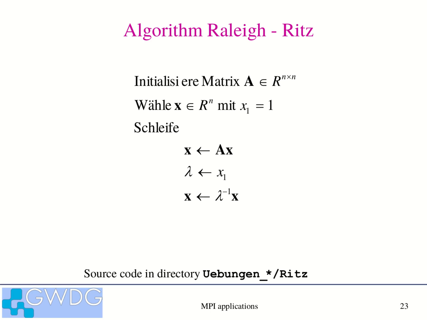So, to really get this working on the computer, you have an algorithm: you initialize some symmetric matrix and take some start vector with first element equal to 1, and then you loop, multiply the matrix by this input vector x, and you call the new vector also x, and then you get a first approximation of the eigenvalue, which is the first element of x.